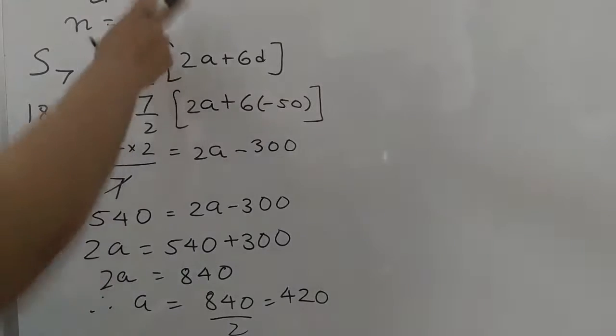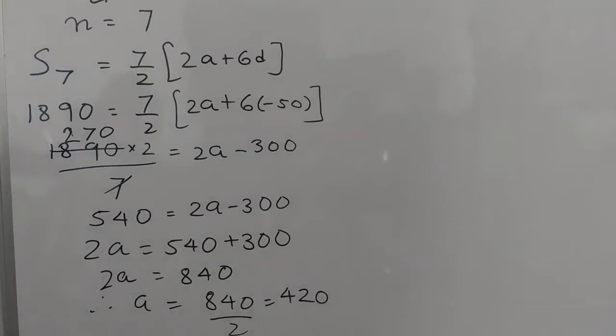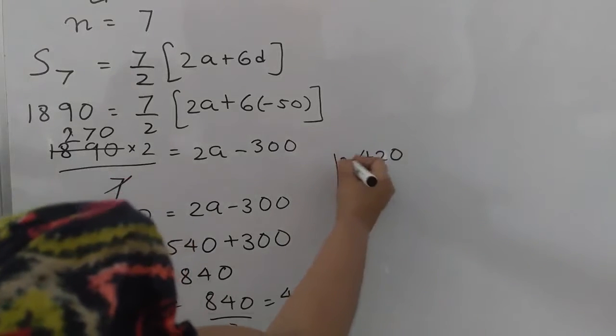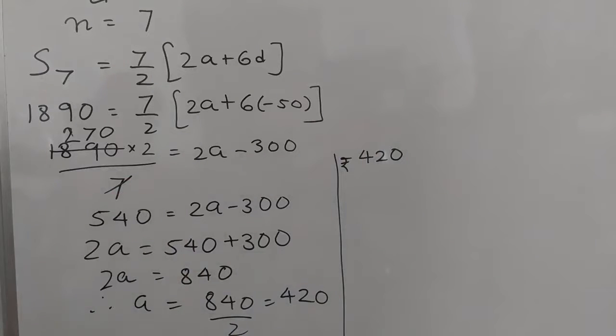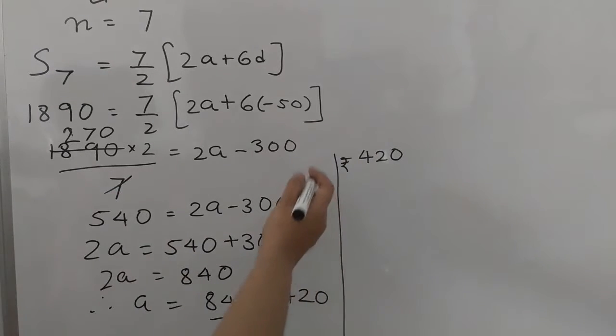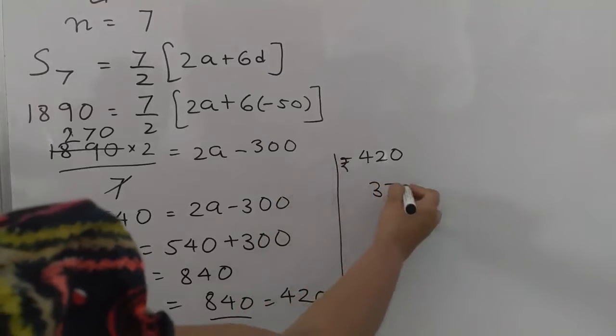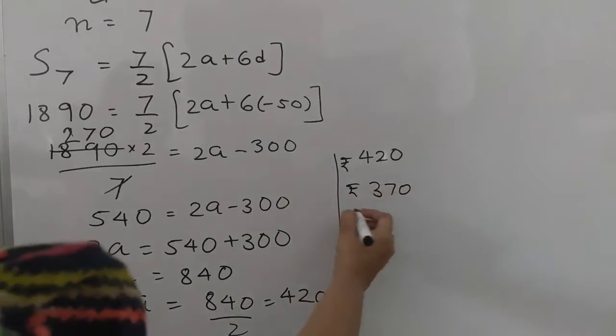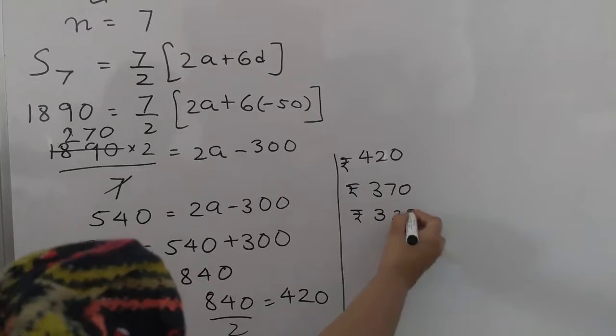So what is the common difference between all the prizes? It is 50. Every time it is 50 less. So the second prize is, see, I am writing all the prizes here. First is 420. Now subtracting 50 from it, we get 370, the next one. Then next, by subtracting 50 from it, we get 320.